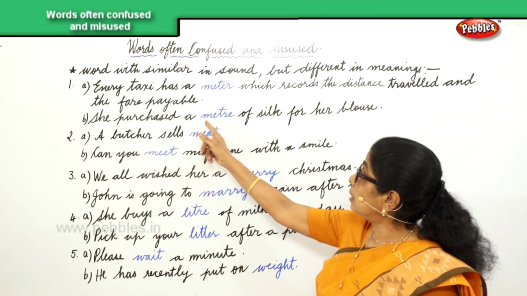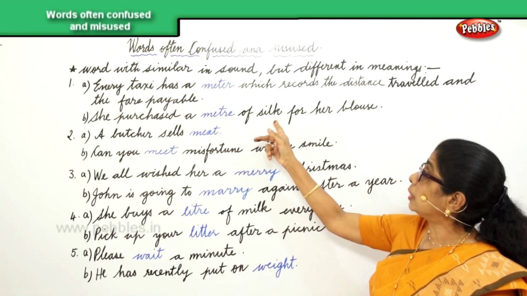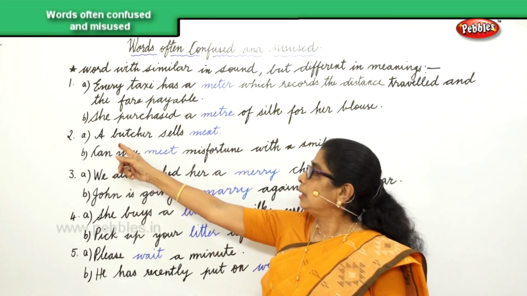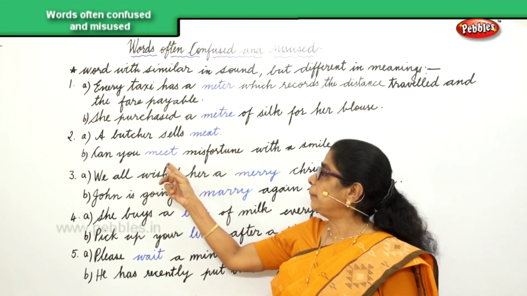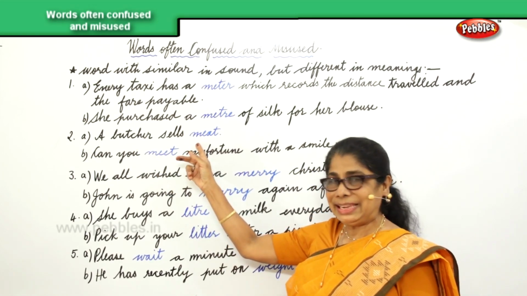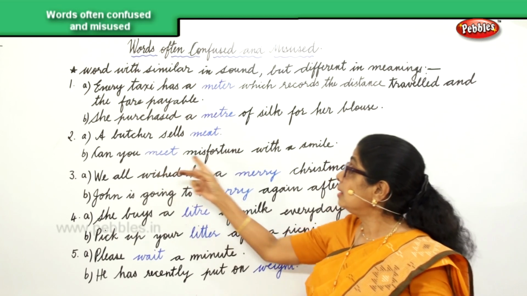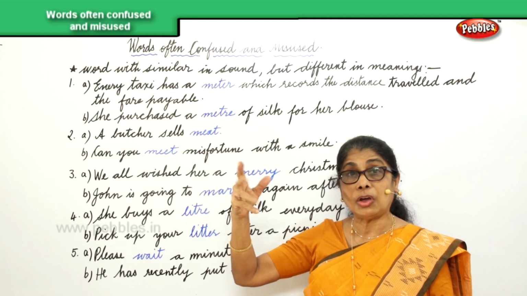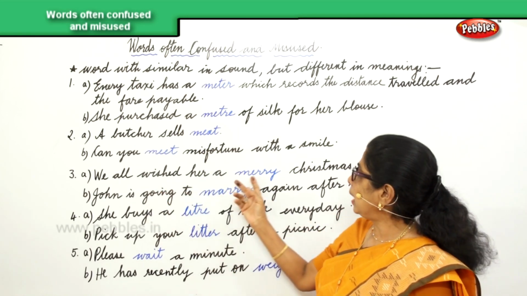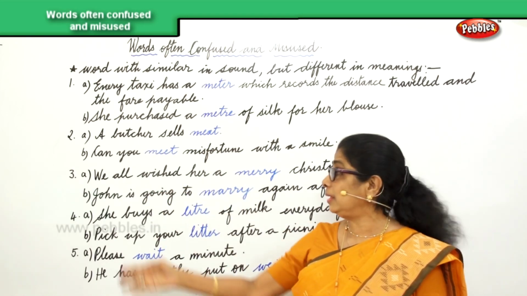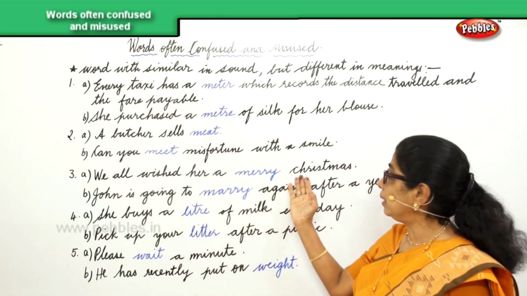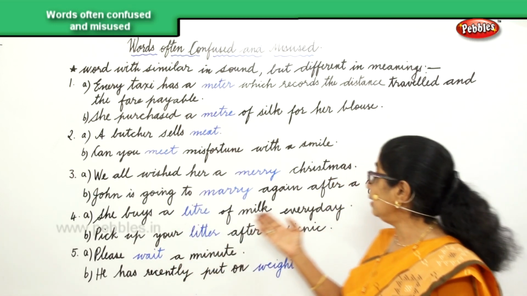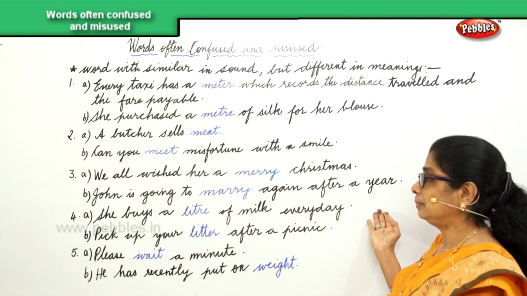She purchased a meter of silk for her blouse. A butcher sells meat. Can you meet misfortune with a smile? Can you meet me at 5 o'clock? Next we have Merry and marry. We all wished her a Merry Christmas. John is going to marry again after a year.